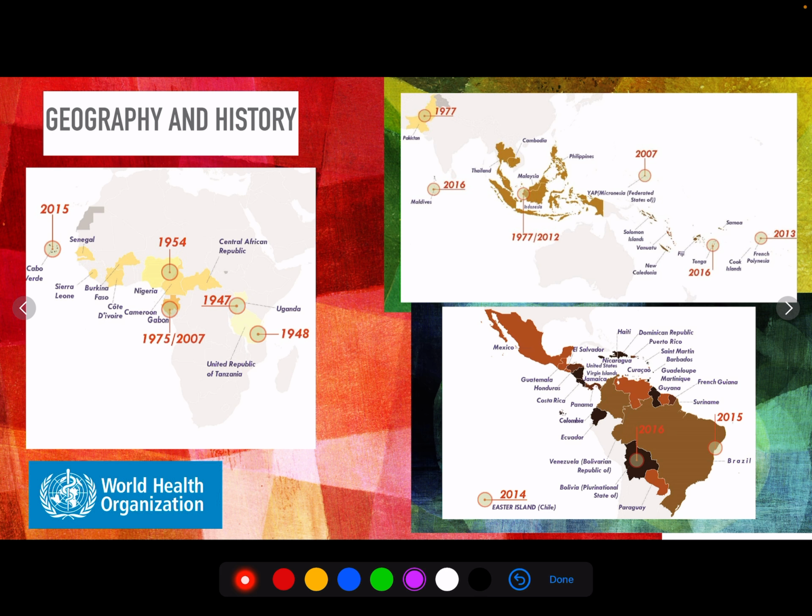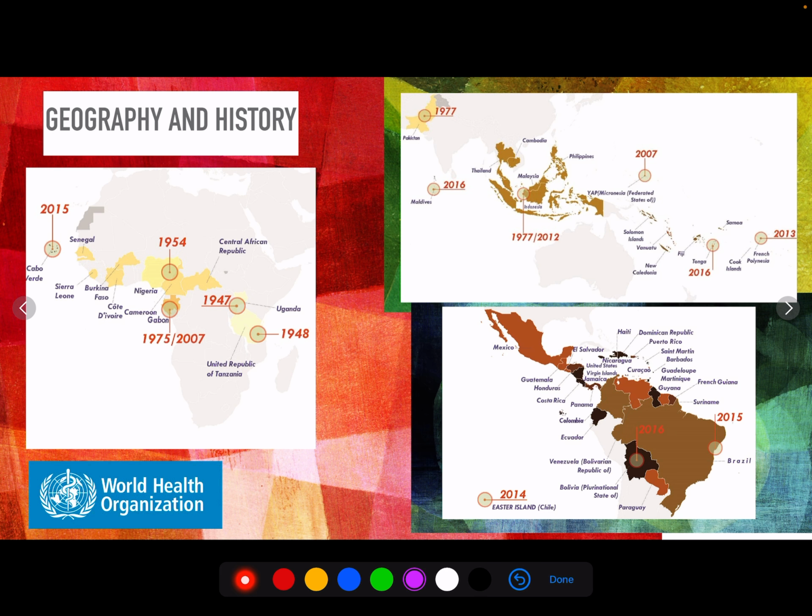Now, from the years 1969 to 1983, Zika expanded. It went to India, Indonesia, Malaysia, and Pakistan, with Africa having sporadic cases throughout the country.